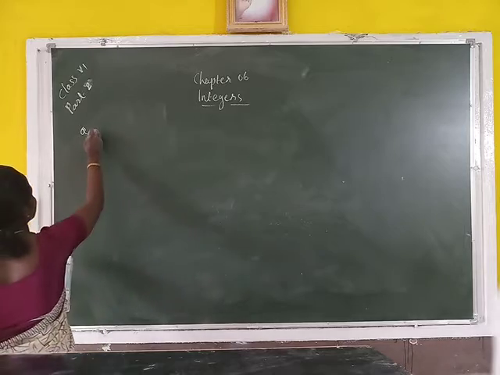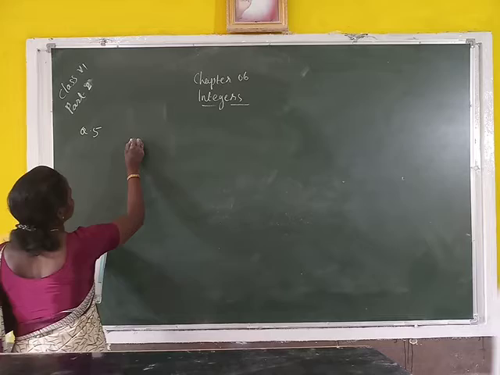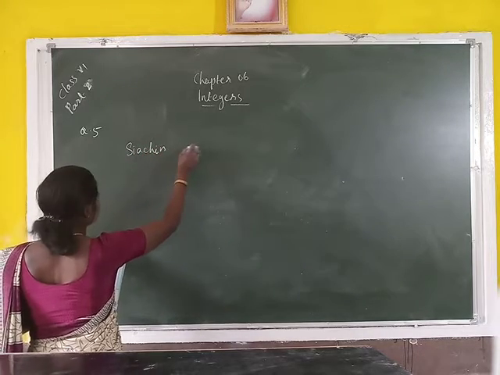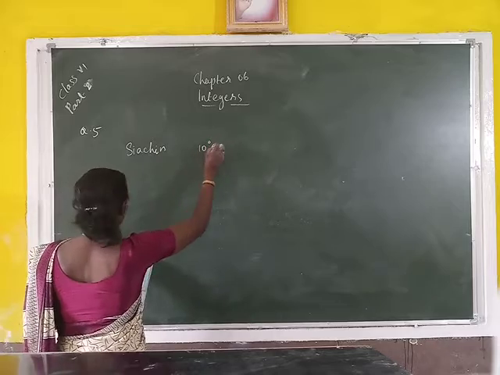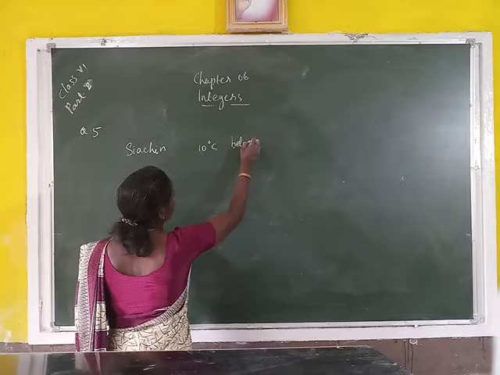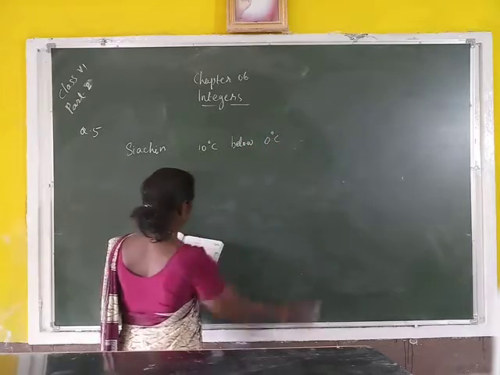Question number 5. Then Siachen, 10 degrees Celsius below 0 degrees Celsius.